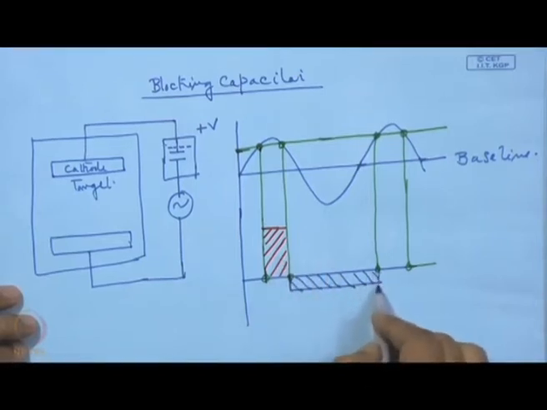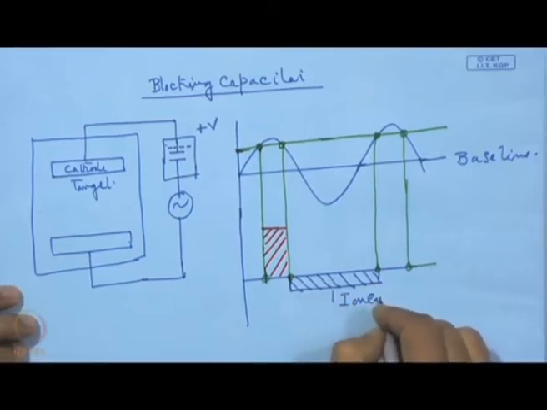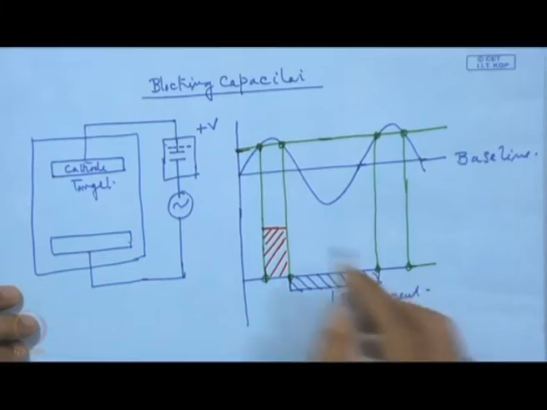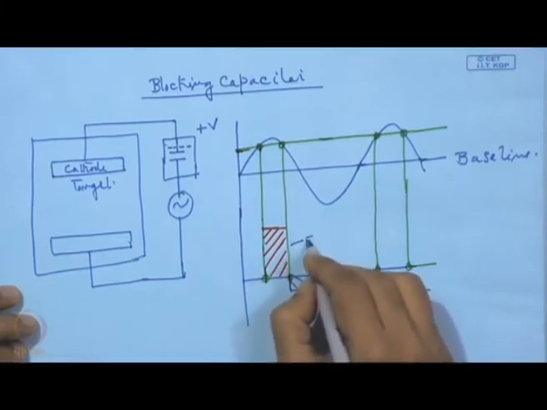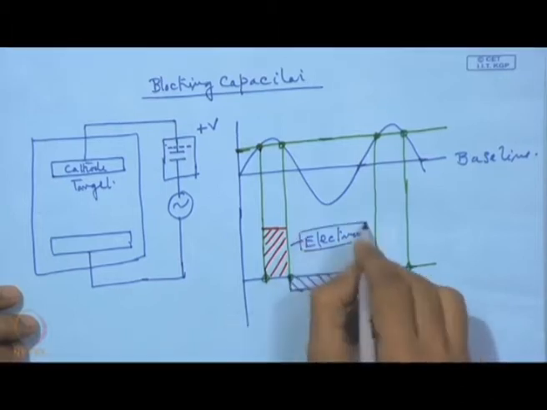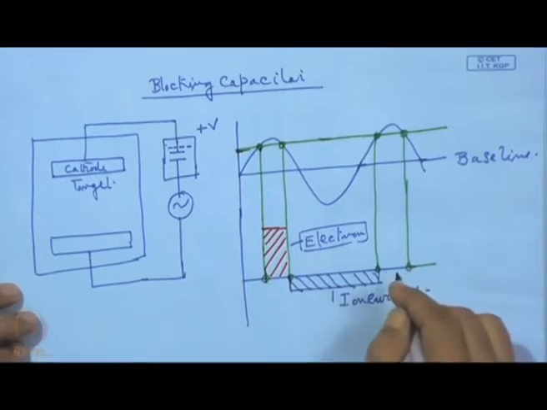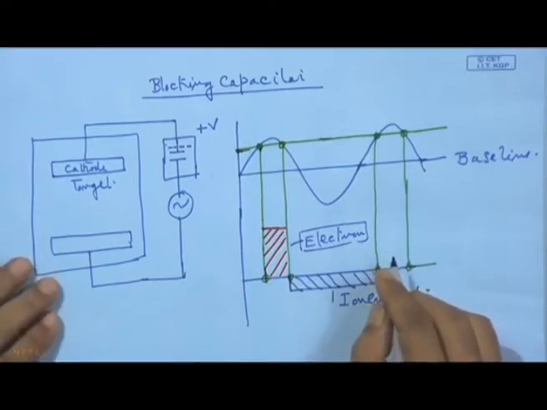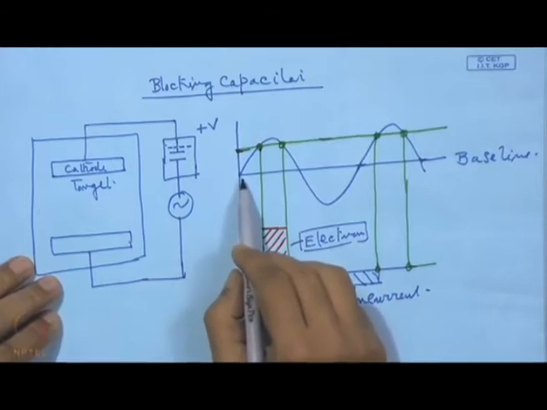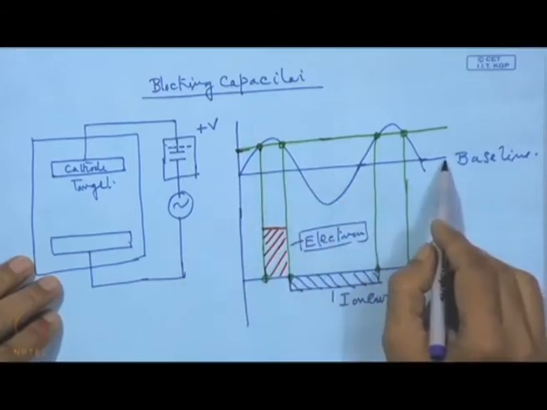That means this is on the negative side, which is ion current, and this is electron current, and numerically this area and this area must be the same.